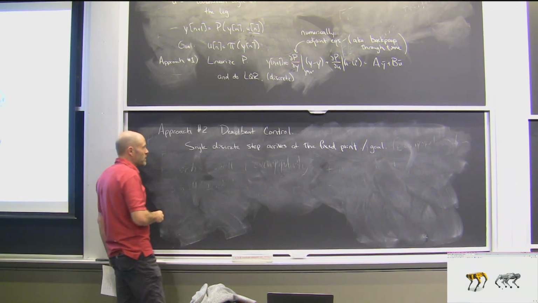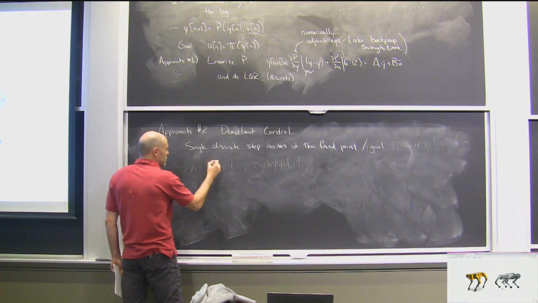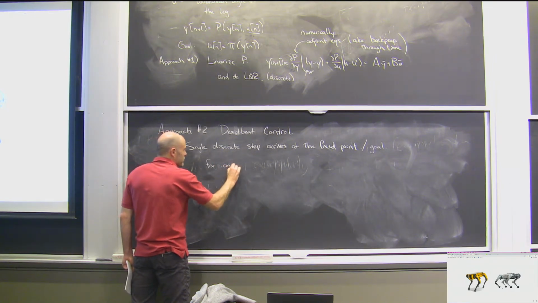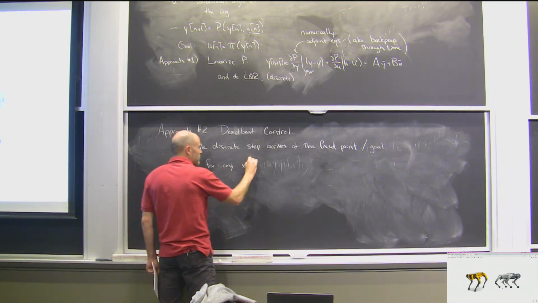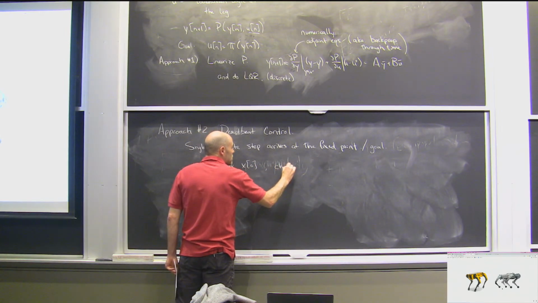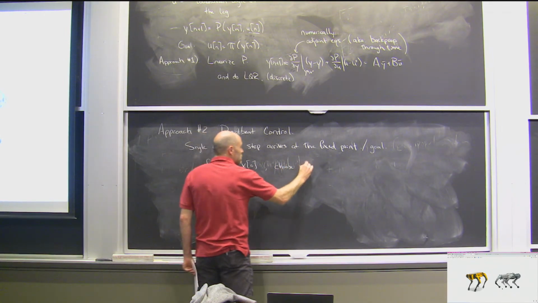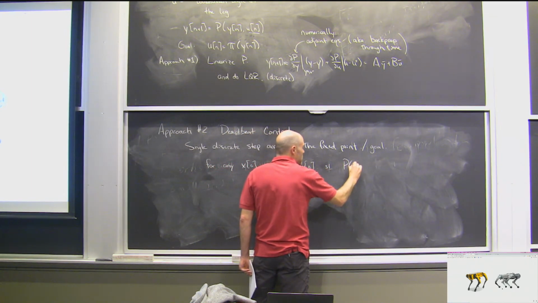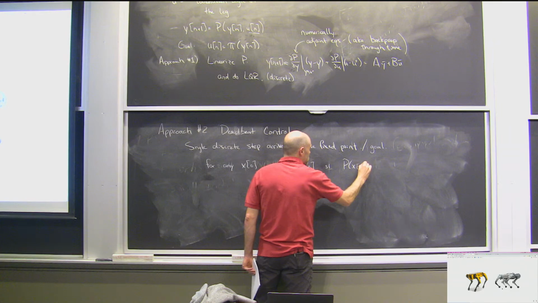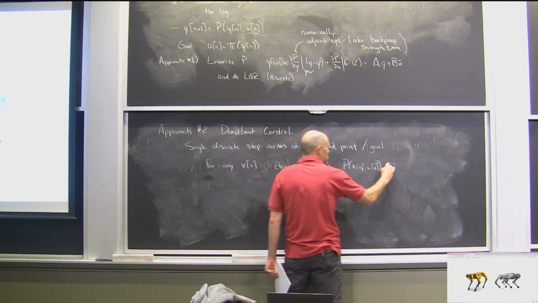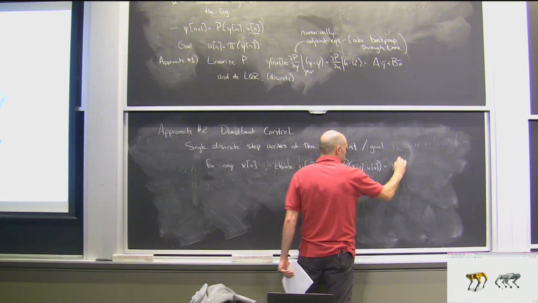Okay? So for any x0, I could choose u0 such that p of x0, u0 is x desired, let's say.